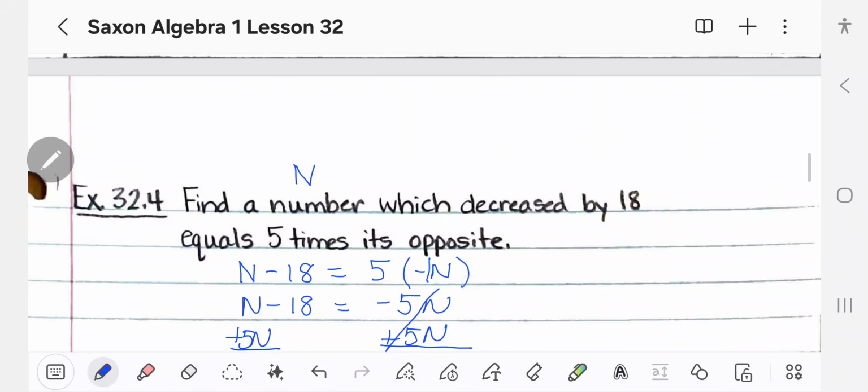So we go back up here, find a number, we think it's 3, which when decreased by 18 equals 5 times its opposite. So what's the opposite of 3? Negative 3. 3 minus 18 is negative 15, and 5 times negative 3 is negative 15. So it works.